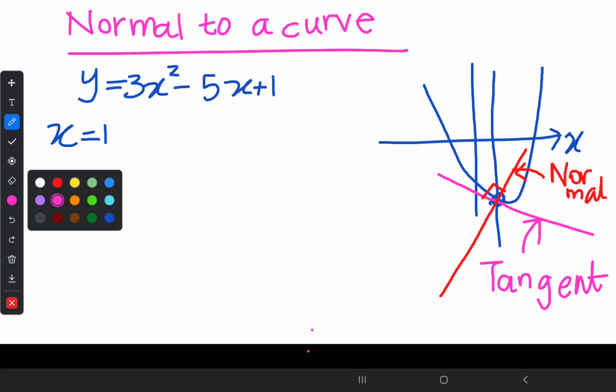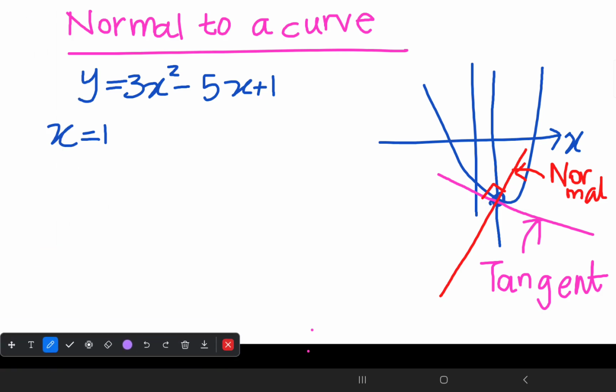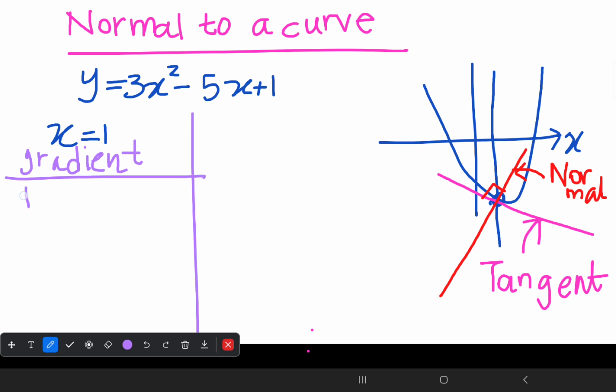To find that, we have to do a series of steps. First of all, you should find the gradient of the graph. To find the gradient of the graph, we have to find the first derivative, that means dy/dx, that is 6x minus 5.